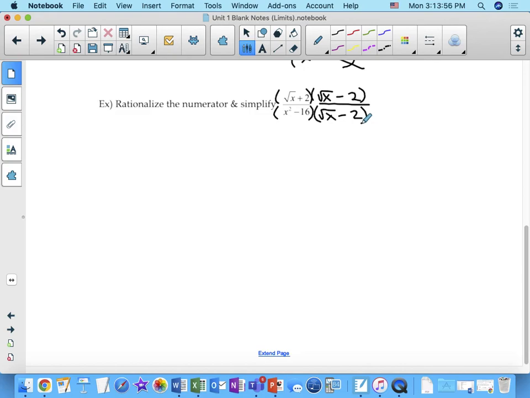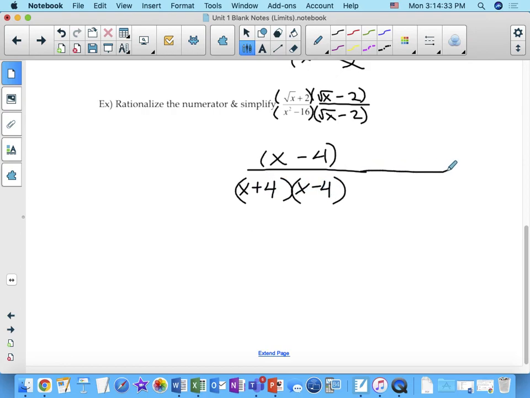Okay. So when I do that, in the numerator, I'm going to get the square root of x times the square root of x is x, and then 2 times negative 2 is minus 4. I can already see that's going to factor as well, the x squared minus 16. So I'm going to do that all in one step. The x squared minus 16 is also a difference of squares, so x plus 4 times x minus 4.